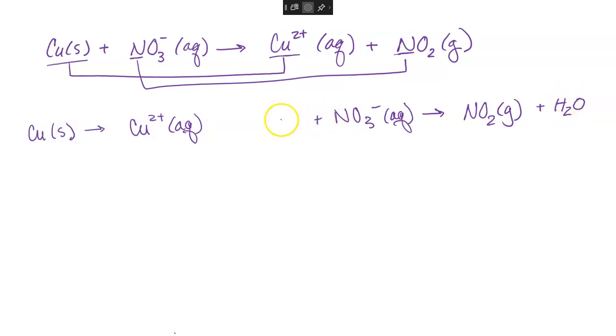How am I adding it? H plus with a 2 coefficient. Good? Why do I have to add this? Because to balance oxygen, free-floating oxygen as oxide is insoluble generally. An oxygen atom free-floating is a free radical and is going to be highly reactive and bust up your reaction. Not great.